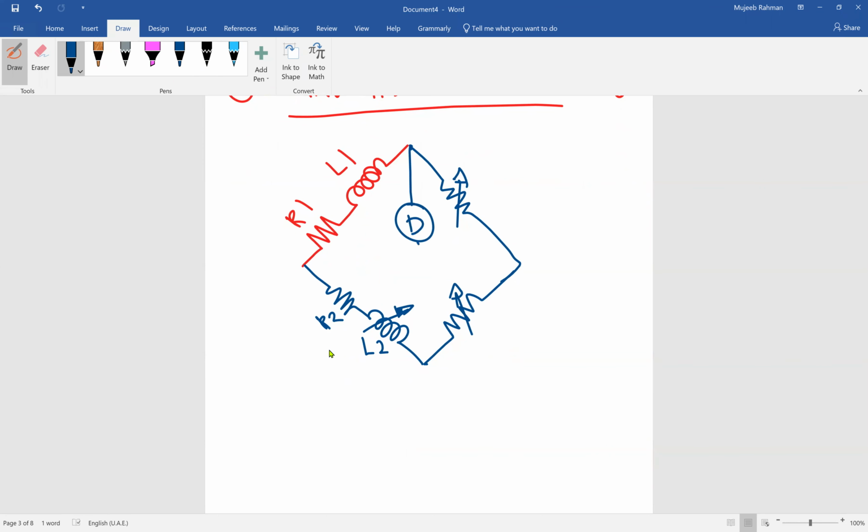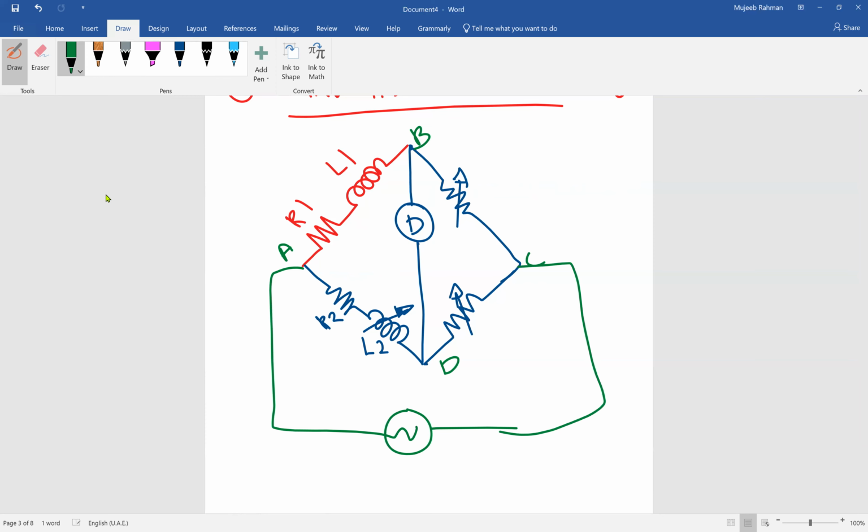Now, a detector is connected between these two nodes. Just for our convenience, we are going to mark the labels as A, B, C, and D. I'm going to give a power, and as we have said already, the power is AC power.